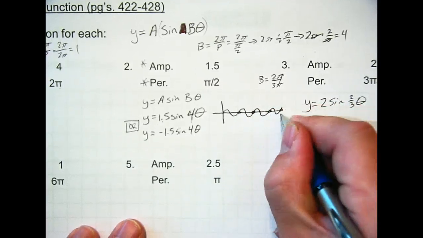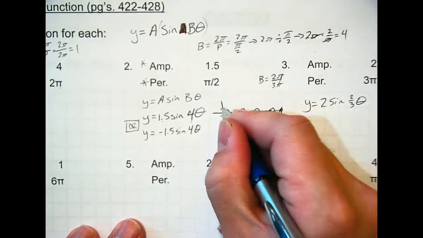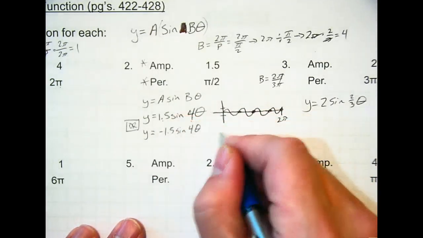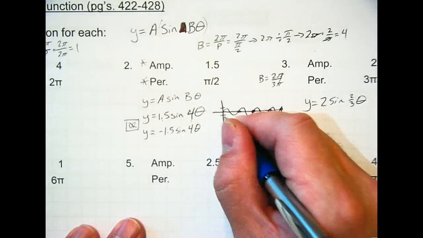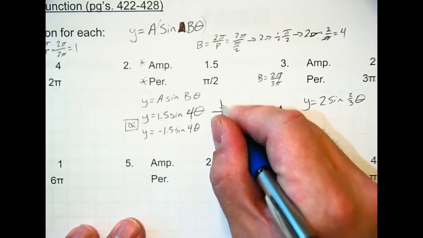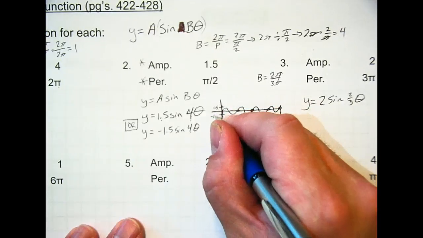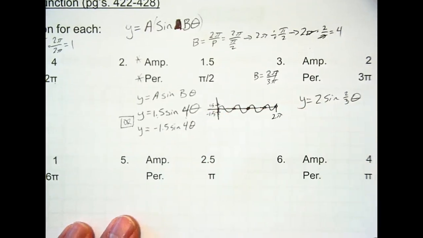So this would have to be 2 pi right there. This length from here to here is 1.5, so from here to here is how far? 3. So that's 1.5, and that's negative 1.5. Are we good on that? So that's what we're looking at.